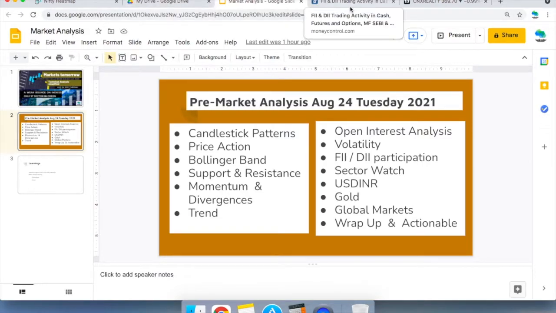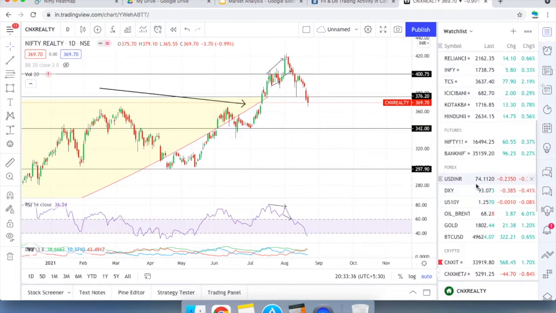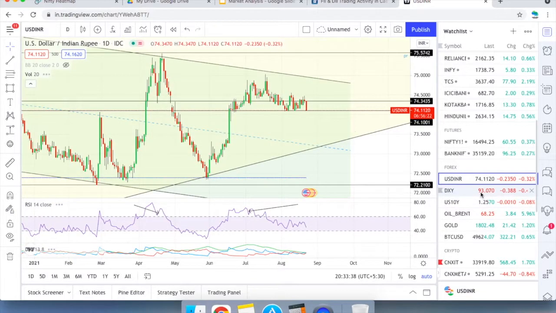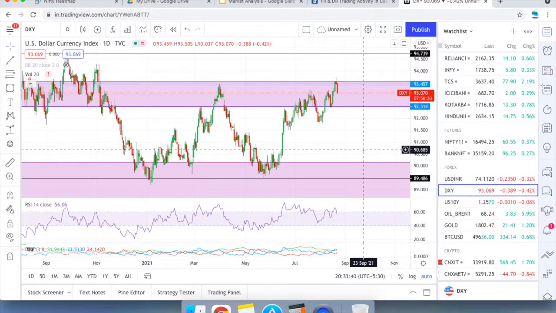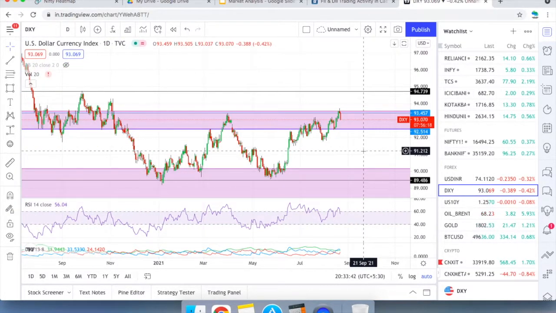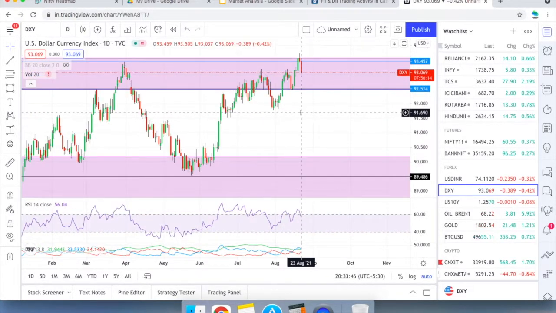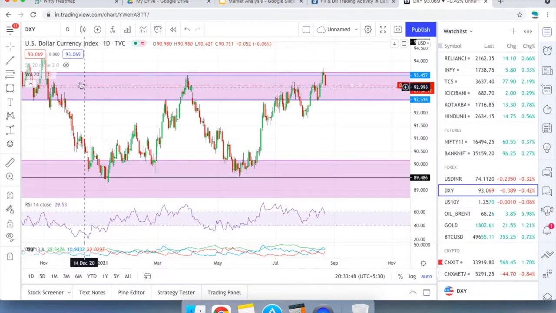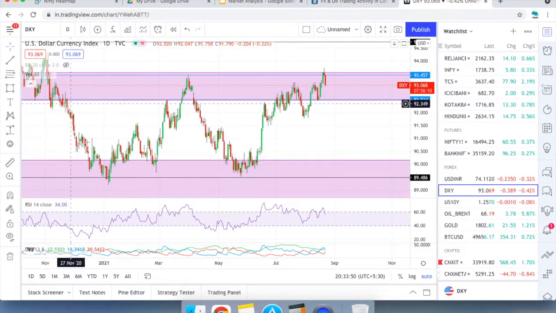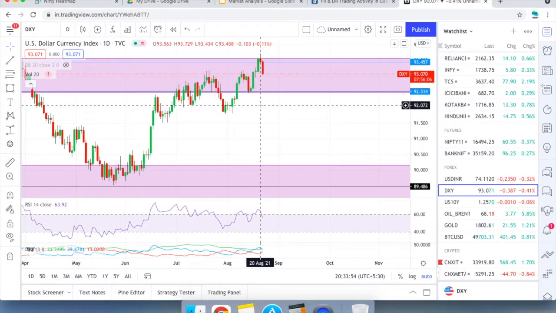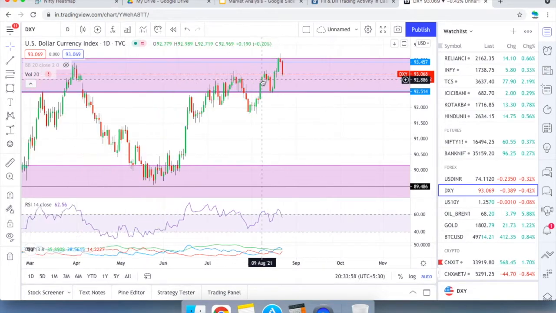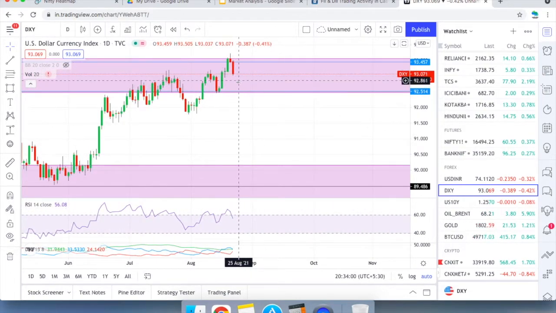And now if you see what happened to the USD INR, before that let's see what happened to the dollar index. The dollar index seems to give a kind of trap. It had broken out of a very long consolidation, a W double bottom pattern, and then it broke out on Friday above the 93.4 levels, and then today it dipped back.